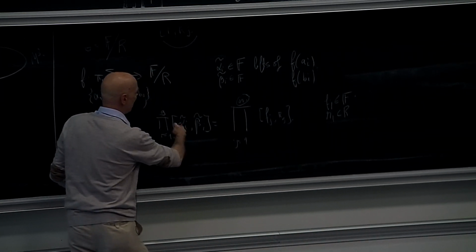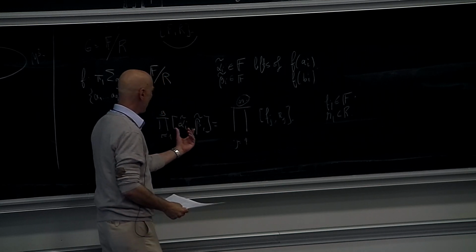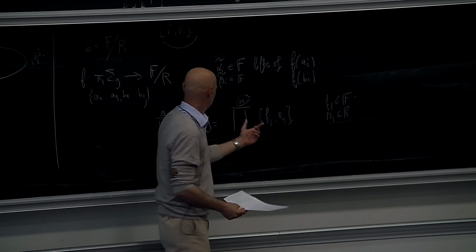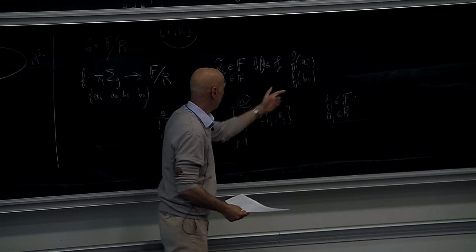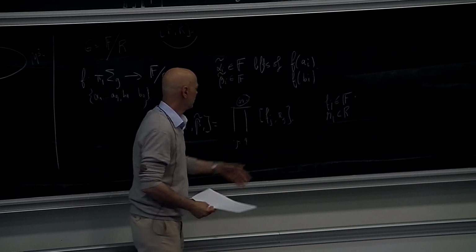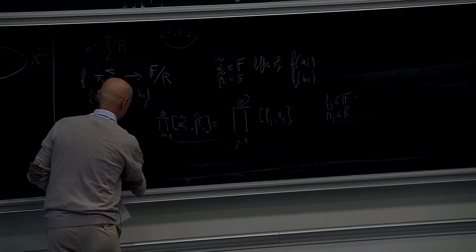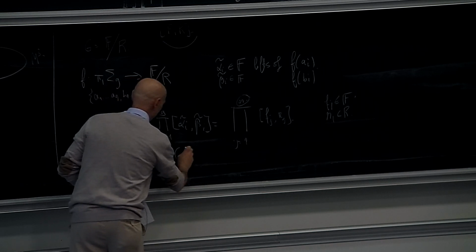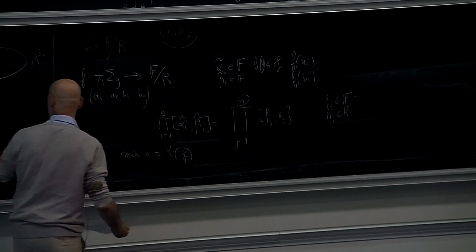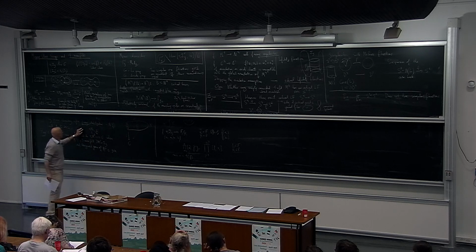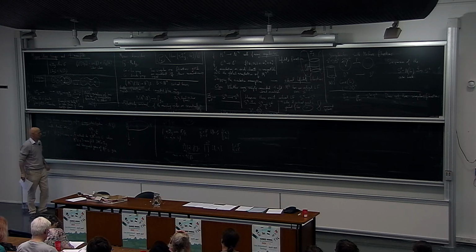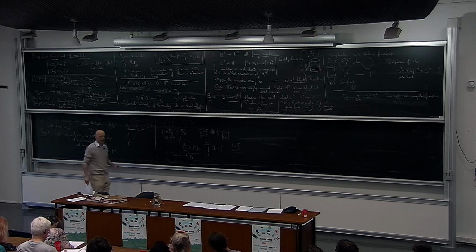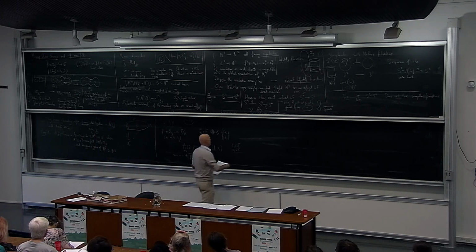The minimal number, when you choose all possible lifts of f of a i, f of b i, and you write it in this form, the minimal N, it's exactly T of f. This is a way to translate this geometric statement about the Heegaard genus of free manifolds.